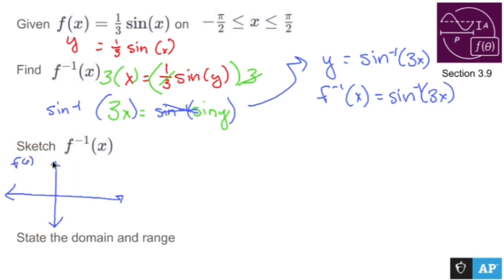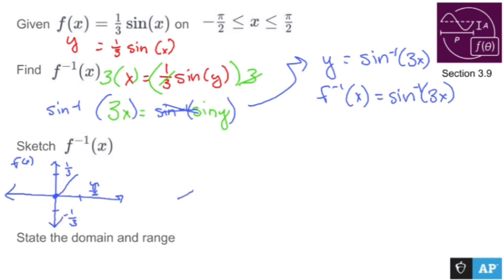It peaks out at 1/3, bottoms out at negative 1/3, and starts at 0, 0. It goes up and hits that 1/3 at half a pi, which happens to be the end of my domain, which means it goes down here.